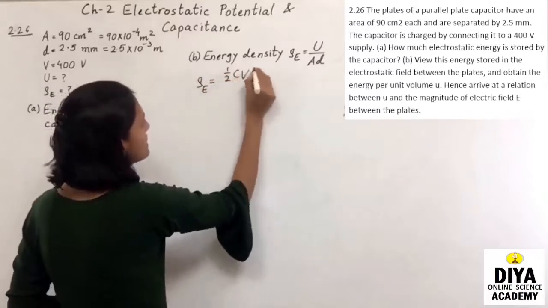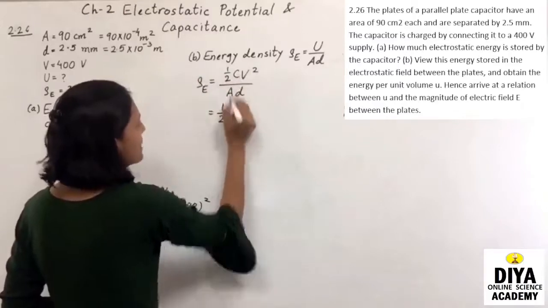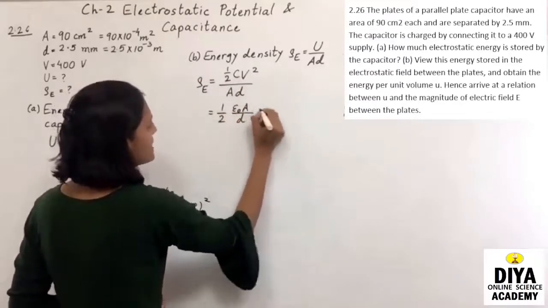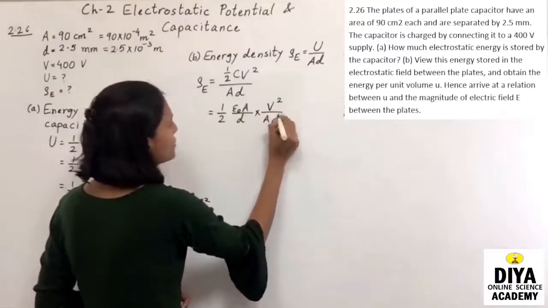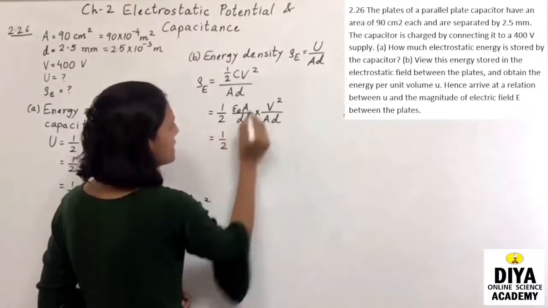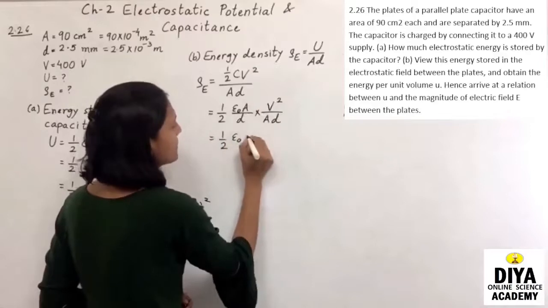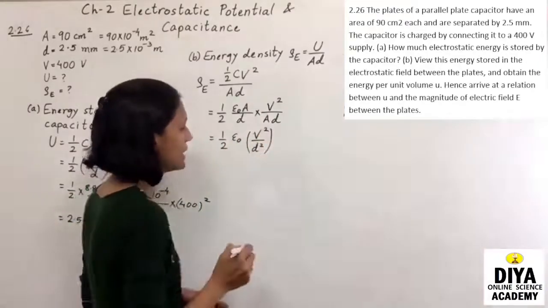Half C V square upon A D. Half for parallel plate capacitor it will be epsilon 0 A upon D into V square upon A into D. So here A will get cancelled out and epsilon 0 then V square upon D square will remain.